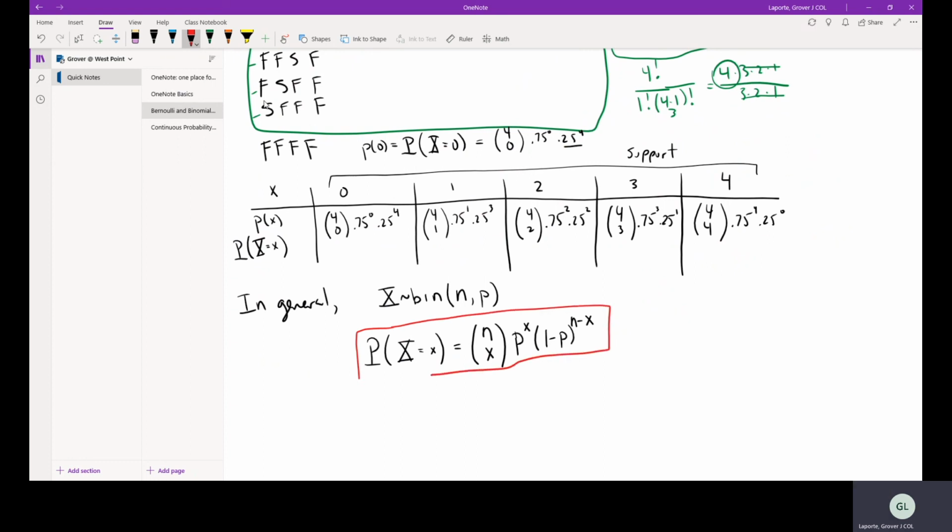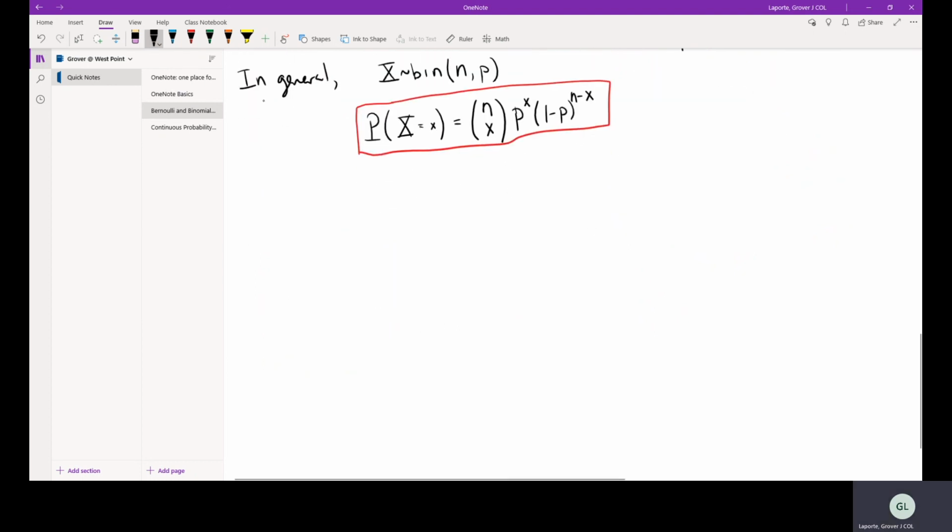The next thing that we might be concerned with is what is our expected value. So our expected value of a random variable X that is a binomial distribution. So what is that? That's the question. But what we have to remember is that X was the sum of some Bernoulli trials, n Bernoulli trials.